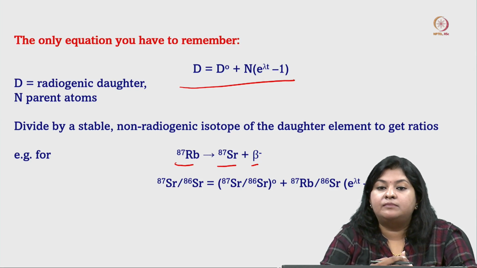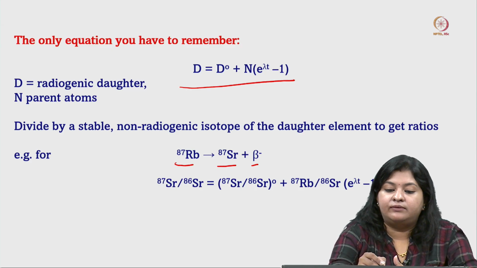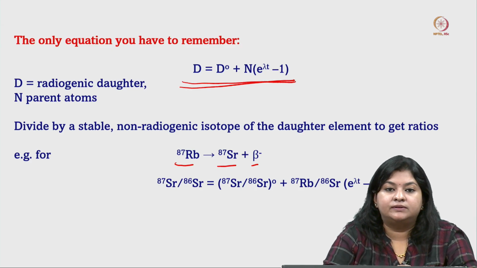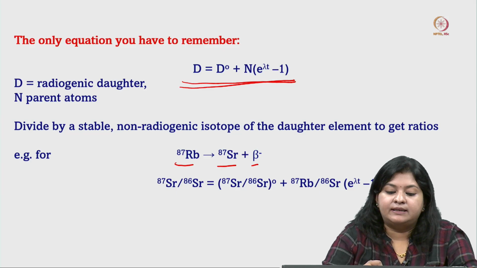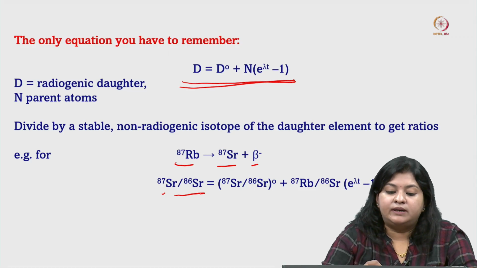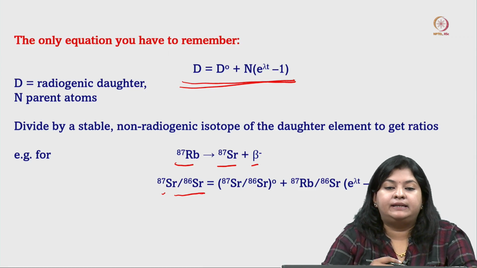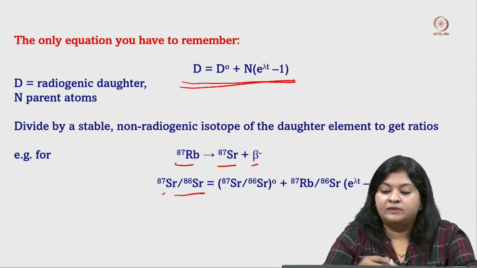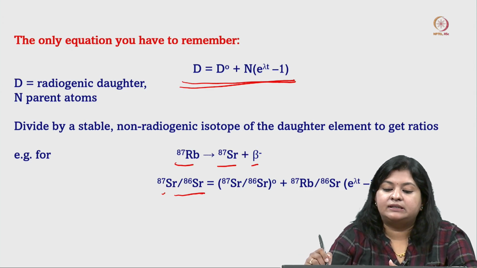We write it in terms of this equation. We write 87 strontium, and you can see it is written in the form of a ratio: 87 strontium divided by 86 strontium. Why do we have this division by 86 strontium?